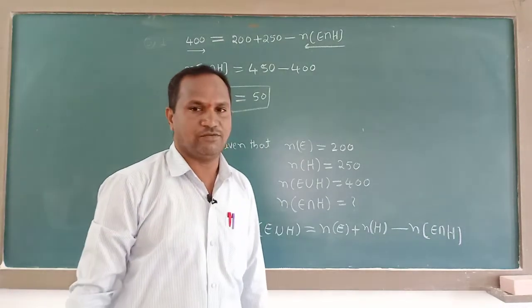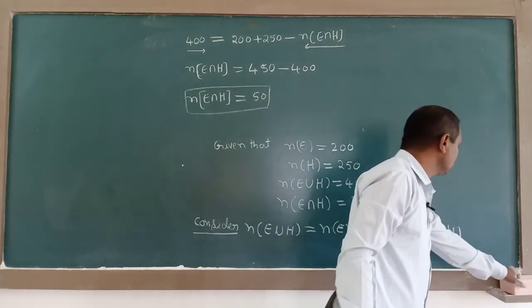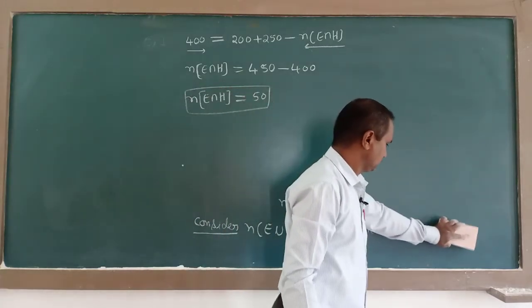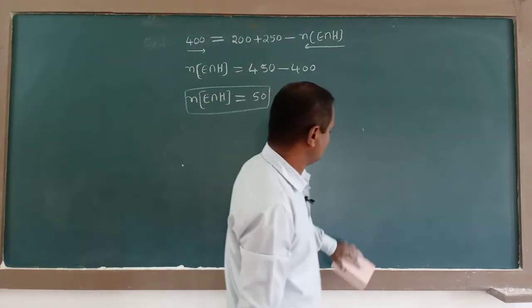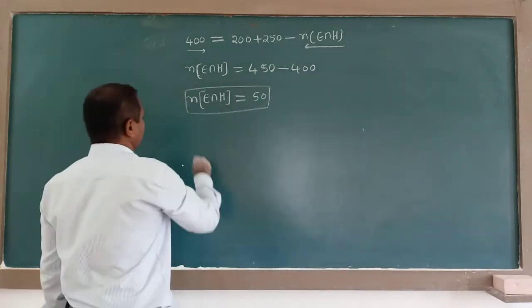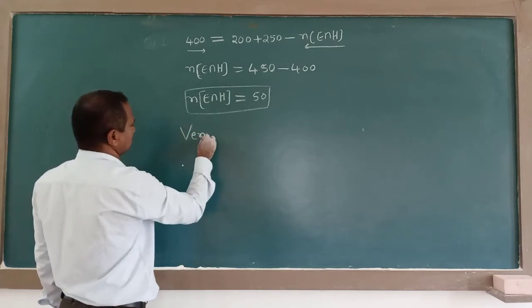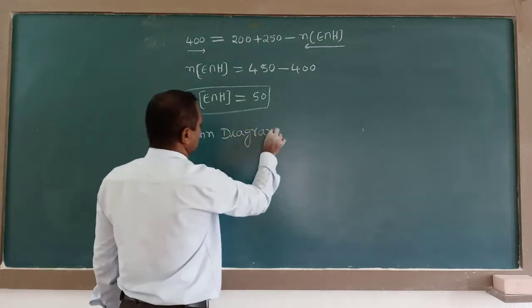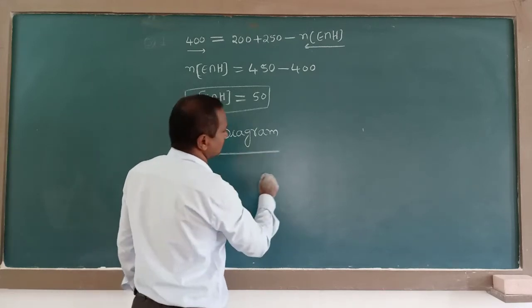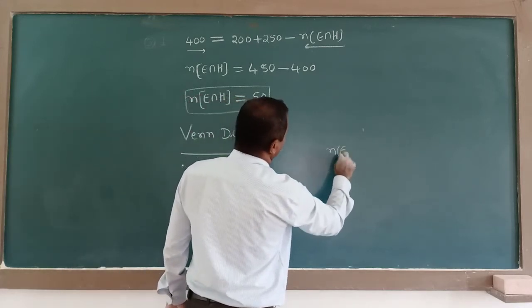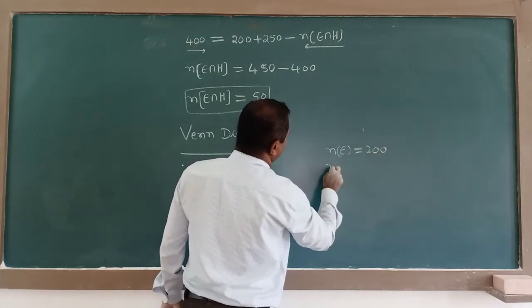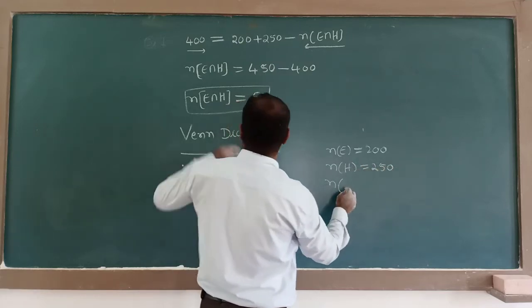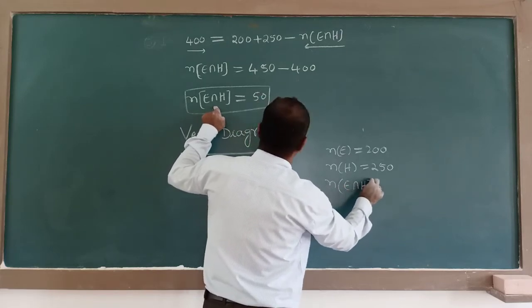Now we are going to draw the Venn diagram for this. n of E, they gave 200. n of H, they gave 250. n of E intersection H, we have 50.